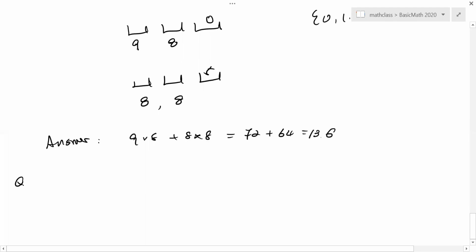Now this time we have a lock. The lock has 3 dials with the digits 0, 2, 4, 6, 8 on each. Okay, so you have a lock. It's a 3-digit lock, 3 dials, each of them with numbers, rotating.